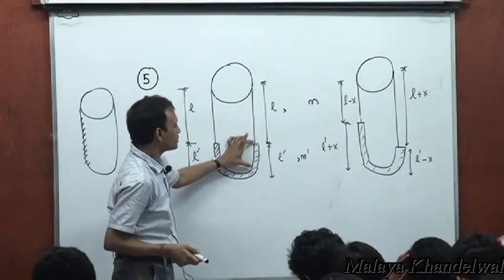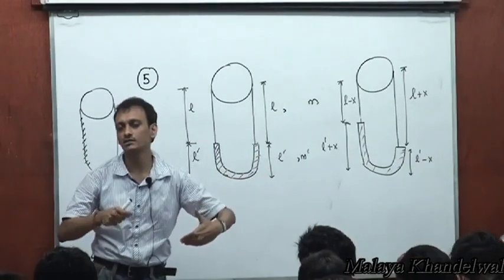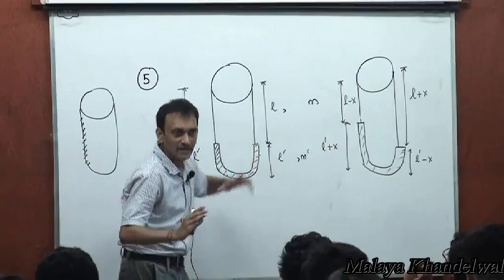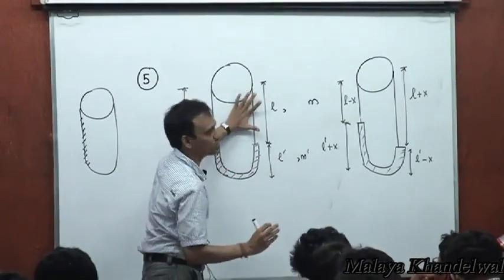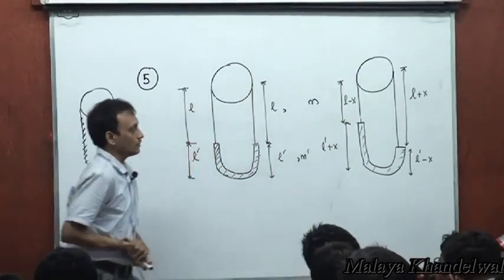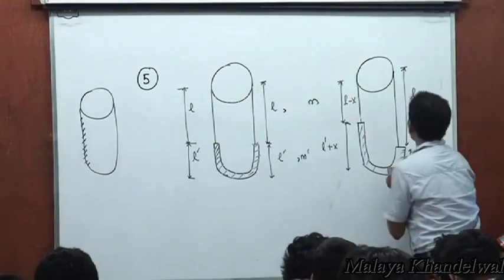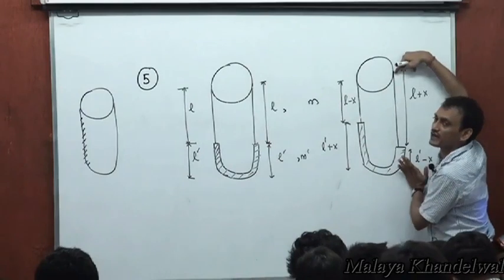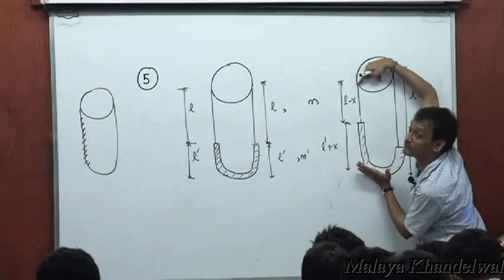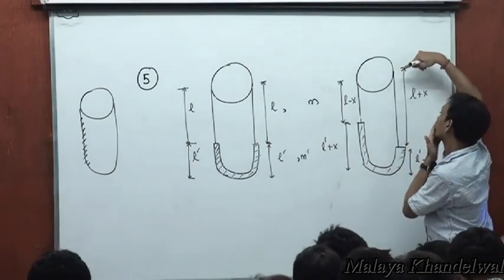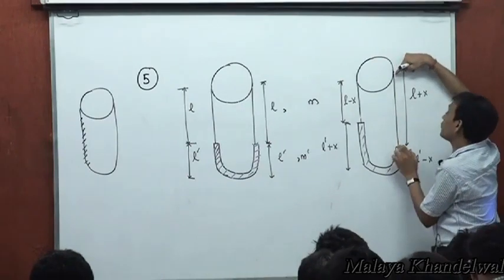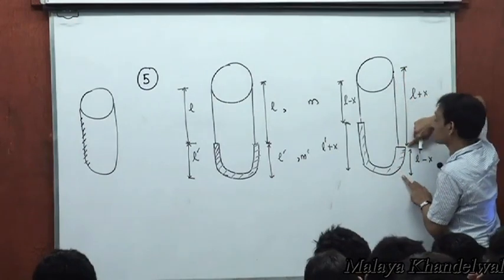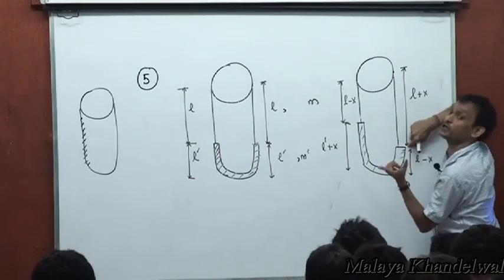Now it's given that this L prime has a greater mass per unit length compared to this. If I shifted this down, then the composition of the right hand side is different from the composition of the left hand side. The right hand side now has a greater proportion of the smaller mass per unit length and a smaller proportion of the greater mass per unit length.